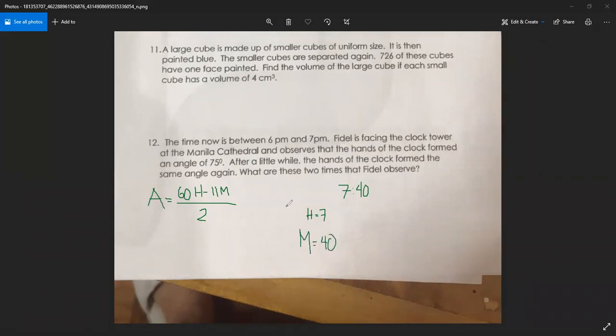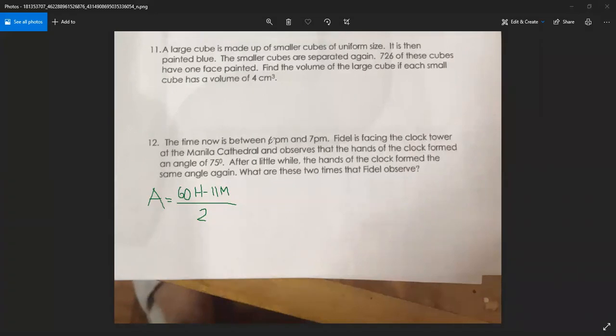So that's how we use letter H and letter M in this problem. H is the hour, M is the minute.